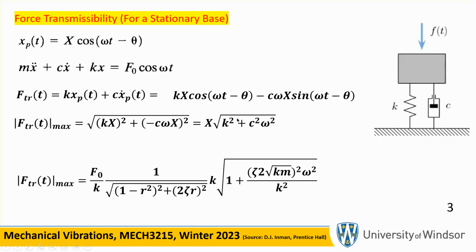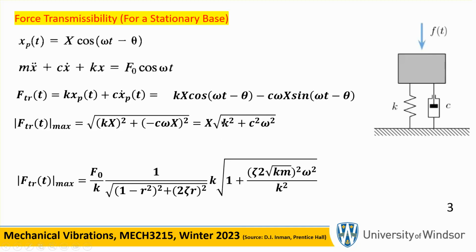Now, based on the stuff that we did on Thursday, we're going to try to rewrite this not in terms of omega, but in terms of the frequency ratio. So basically what we did was factor the k out of this expression and keep in mind that every time we see a k over m, it is omega n squared.